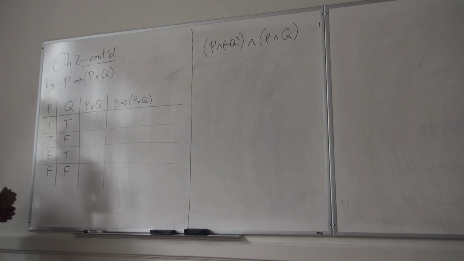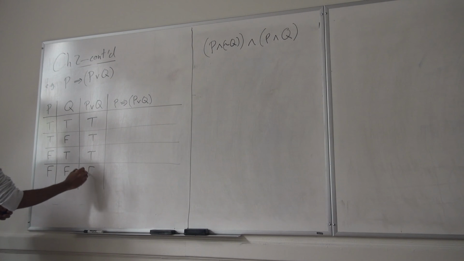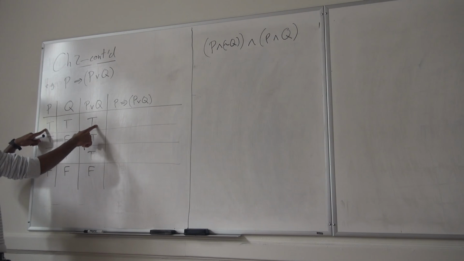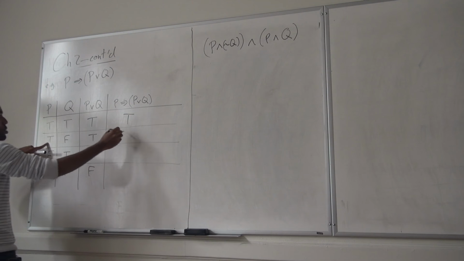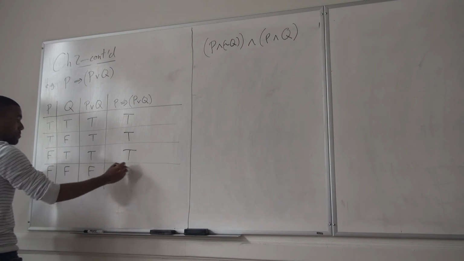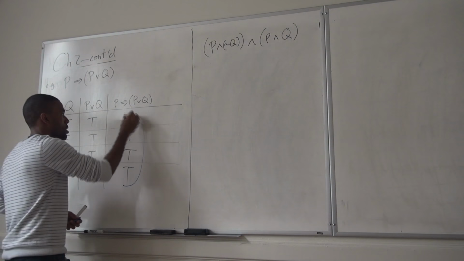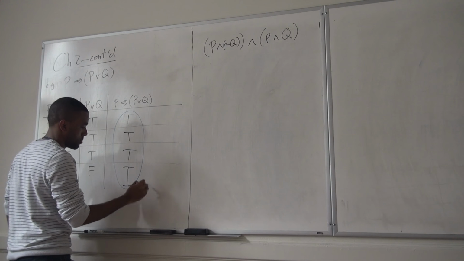So P or Q would look like what? Well, true. And so now P implies P or Q. Well, true implies true is true. True implies true is true. False implies anything. Right? Once the first statement is false, once your antecedent is false, the overall statement is true. So this is a tautology.